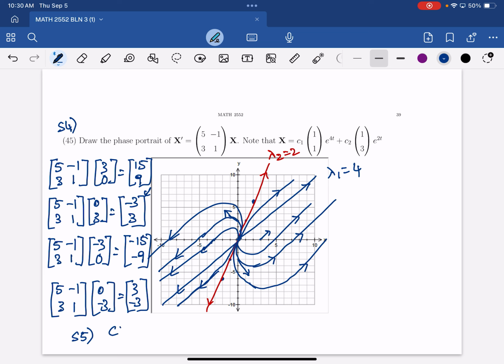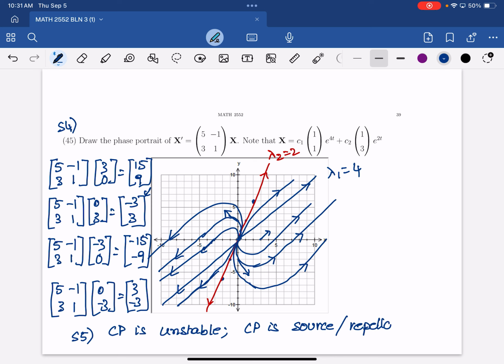So the critical point is unstable. Why? Because they're going away from the origin. Do you see that? It starts from the origin and goes away from the origin. So the critical point is unstable. And because everything is going out of the origin, the critical point is a source or the repeller.